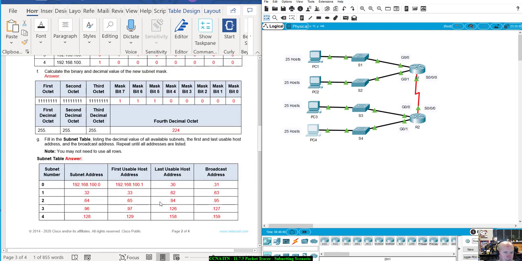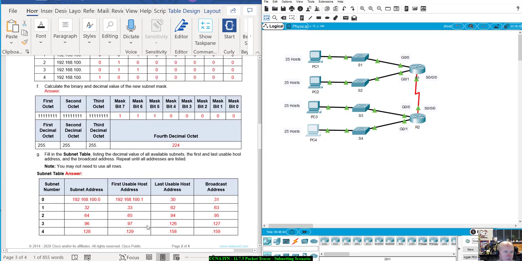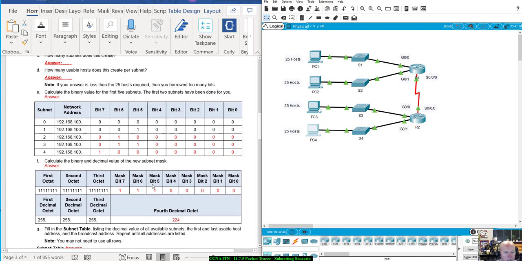Sitting down and learning how to do the subnetting takes a little while. One thing you just had to know is that they steered you into borrowing 3 bits.